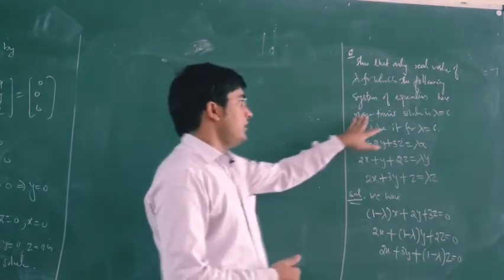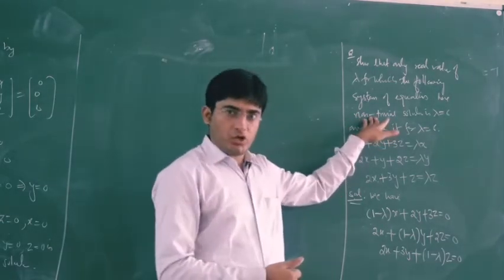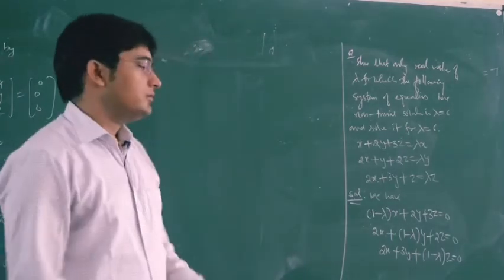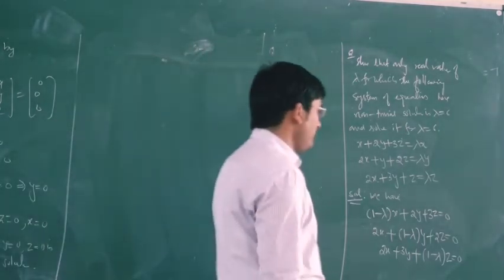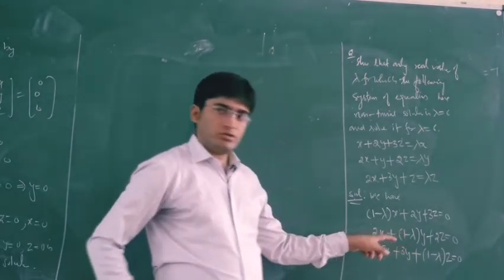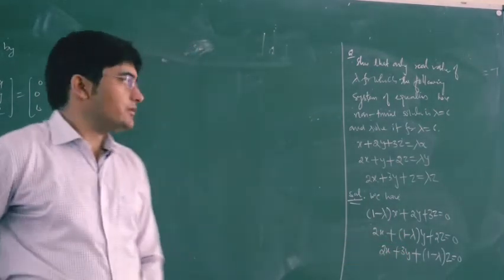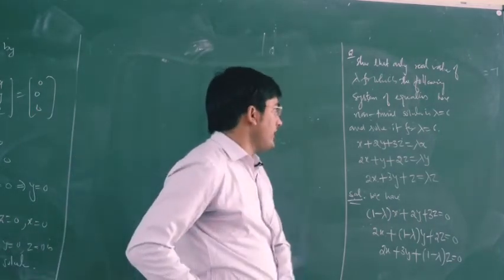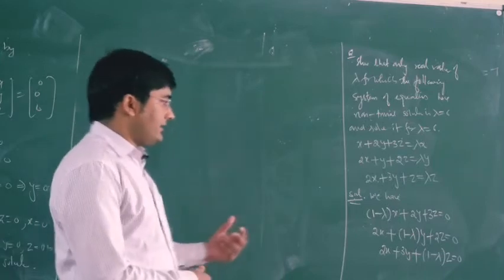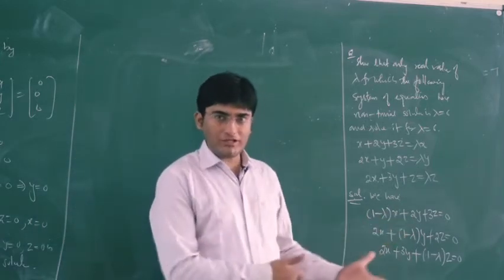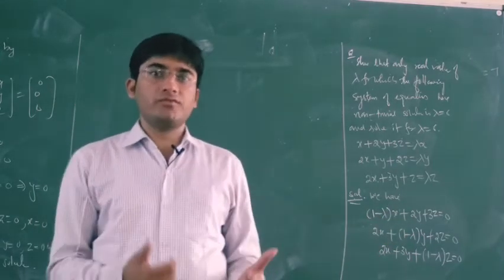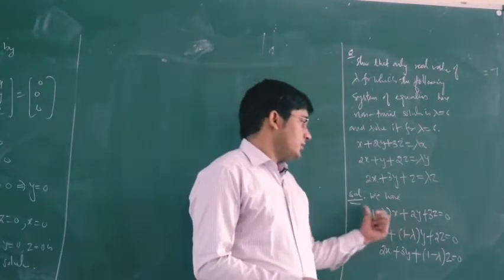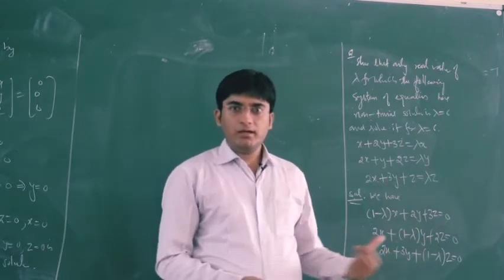Now it will have a non-trivial solution if the rank of the coefficient matrix is less than the number of unknowns. Here we have 3 unknowns, so the rank of A should be less than 3. If the rank of A is equal to 3, we will have a unique solution, and a unique solution means the trivial, zero solution. So for a non-zero solution, the rank of the matrix should be less than 3.